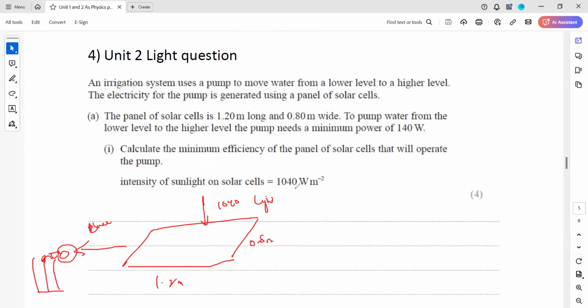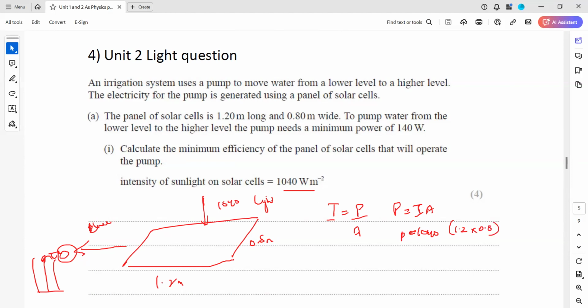So we have the intensity and we have the area. We have the formula: intensity, or flux, is power per unit area. So power will be intensity multiplied by area. Intensity is 1040, and the cross-sectional area of the panel is 1.2 times 0.8.